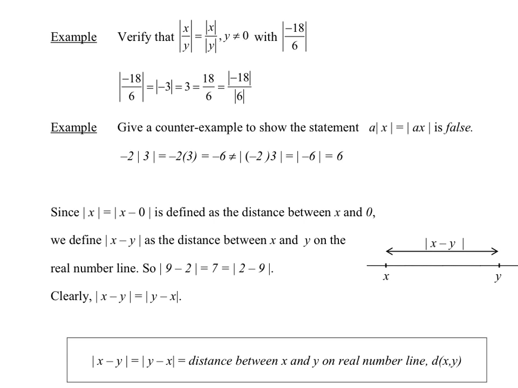Take a value of a that's equal to -2. -2 times the absolute value of 3 is not the same as the absolute value of -2 times 3. The absolute value of -2 times 3 is the absolute value of -6, which is 6. So this statement here is false. We've shown it with this counterexample.